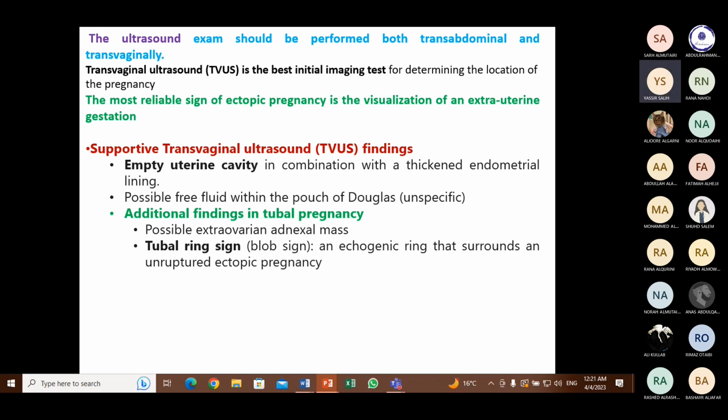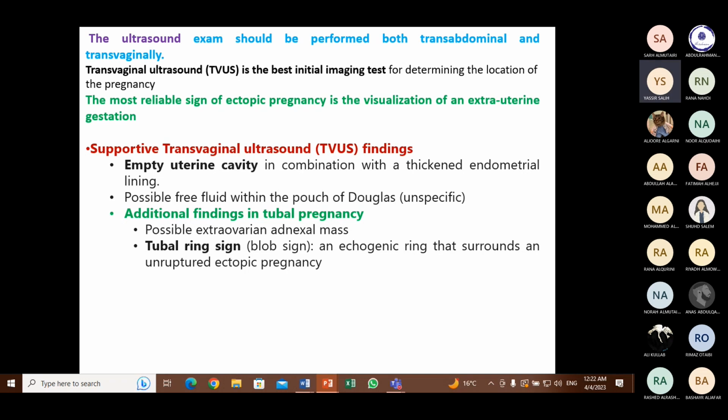But this is a non-specific sign, because this area may contain ascites, or normal fluid could be seen in this area, for example after the cycle or after pregnancy. But it is commonly associated with ectopic pregnancy, although it is not a specific sign. The important sign is an empty uterine cavity with thickened endometrium.